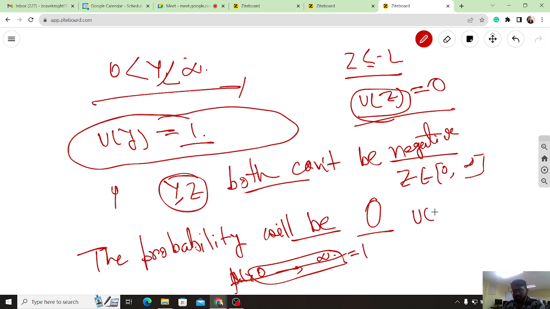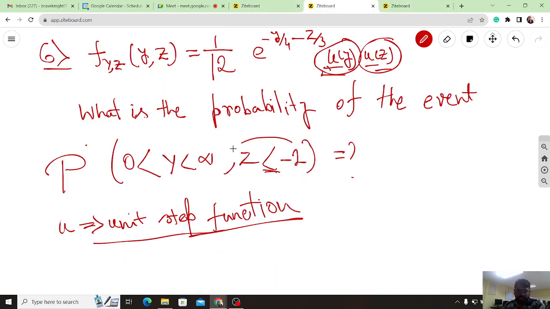Within this domain it is 1. But in the question it said that z is less than minus 2, so z is less than 0, and at that value u of z is equal to 0.